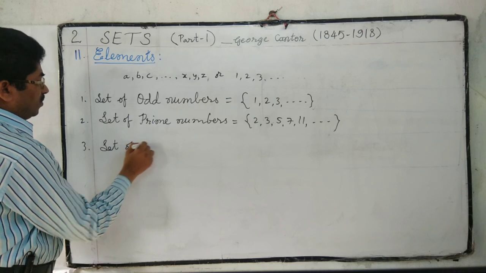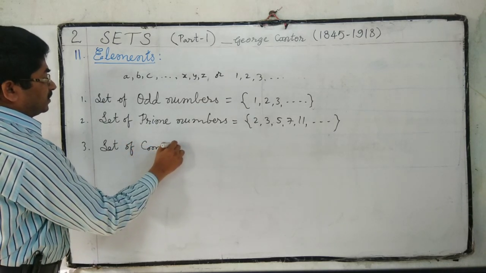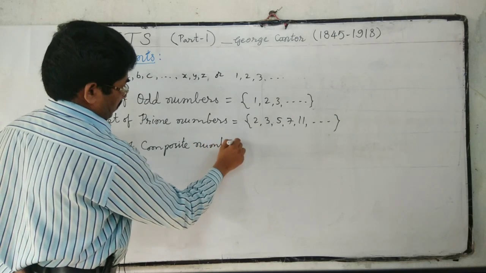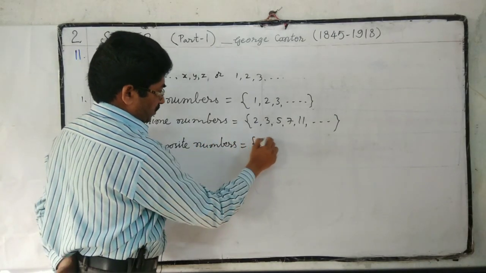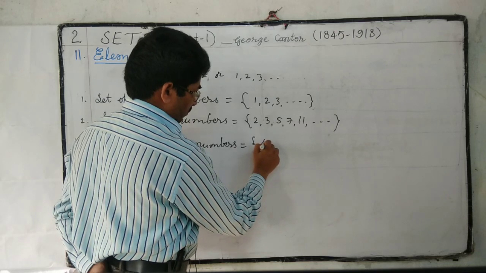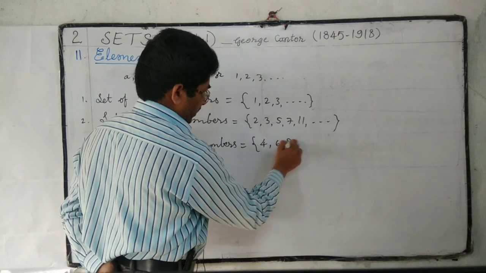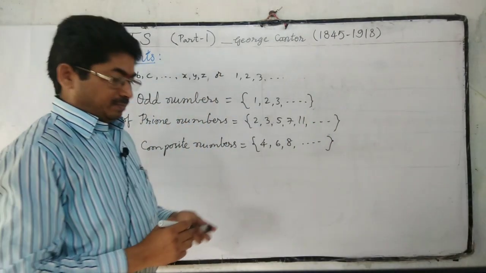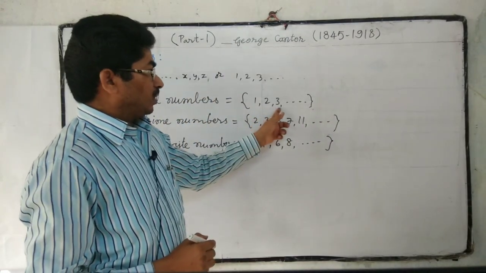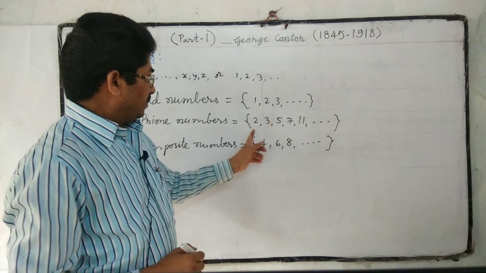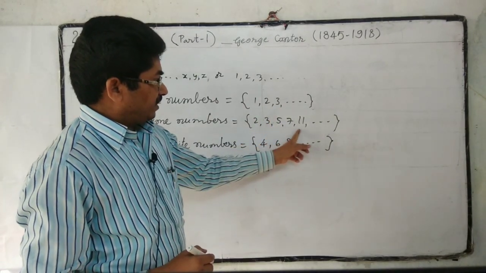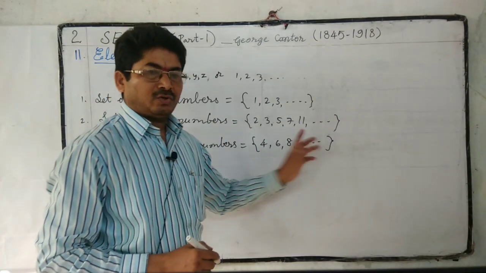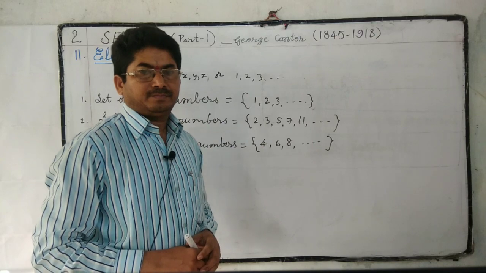Set of composite numbers: 4, 6, 8, and so on. So in these sets, 1, 3, 5 are elements. 2, 3, 5, 7, 11 are elements. 4, 6, 8, and so on, are elements.